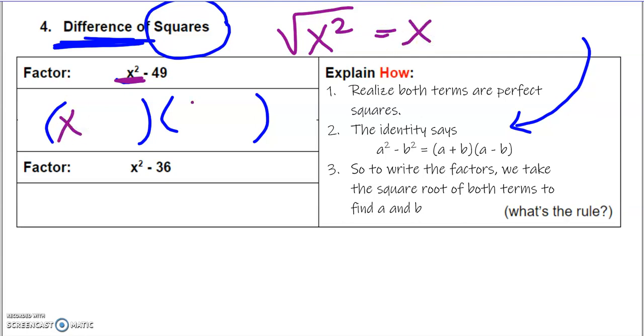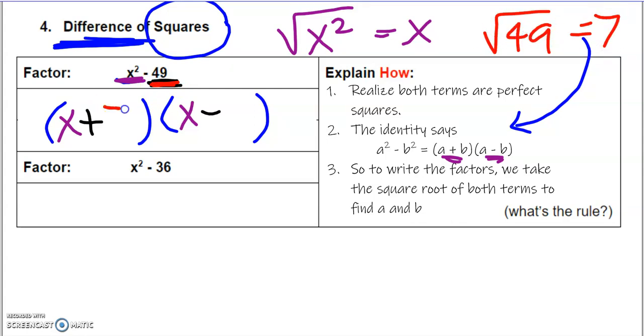That gets written in the first spot in both of my binomials. The identity says that one's plus and one's minus, so I can go ahead and write that. And then I need to take the square root of my other term, of my b, really. So on the side, okay, the square root of 49 is 7. That gets written in the second spot of both of those binomials, and there's my answer.